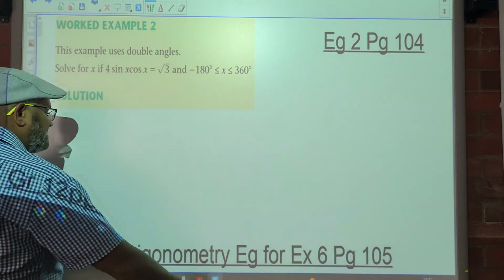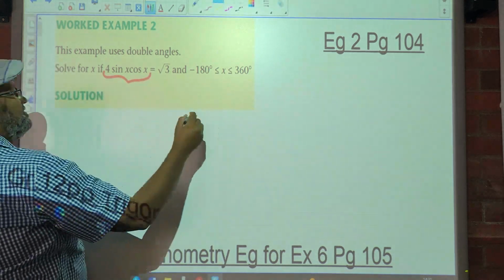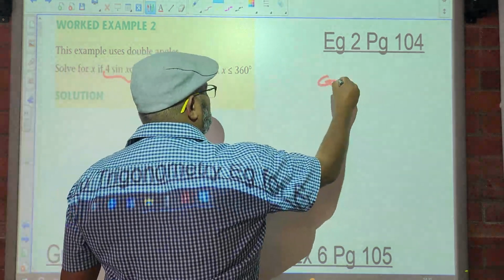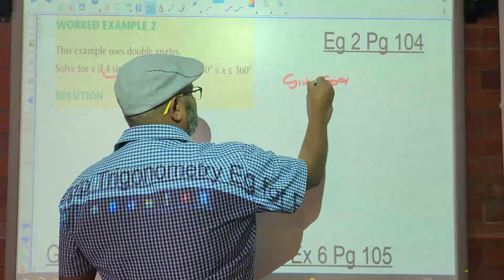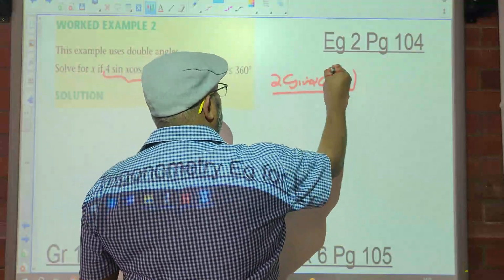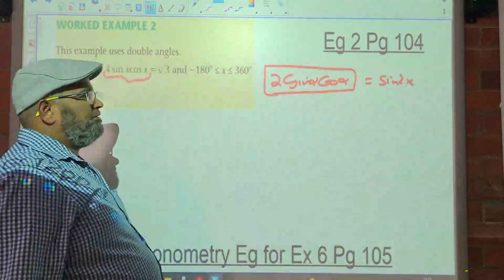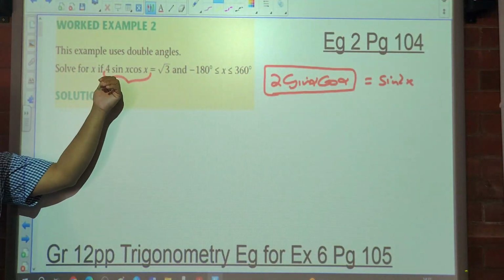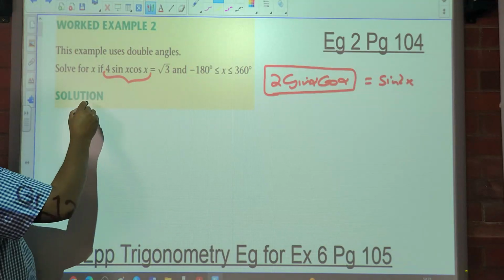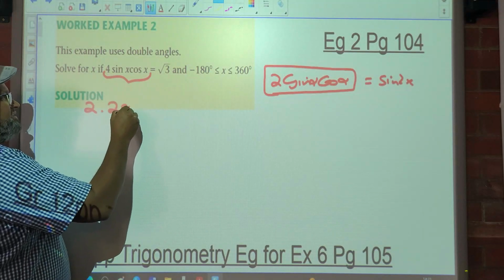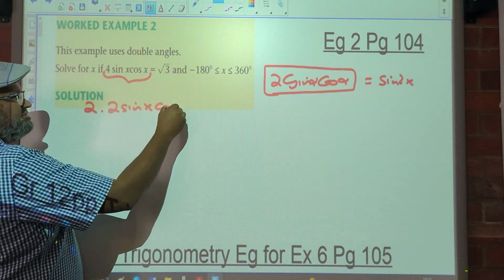What do you see here? What does this remind us of? Sine x cos x. If there's a 2, then that is equal to sine 2x. So what do we have here? A 4. So in other words, this could be written as 2 times 2 sine x cos x.